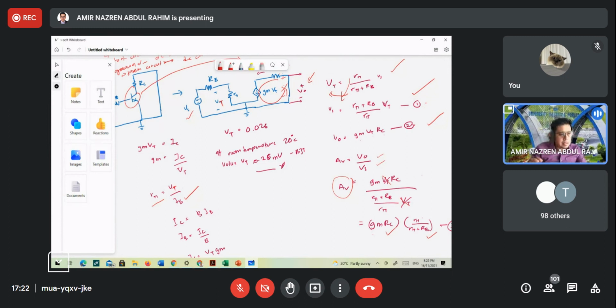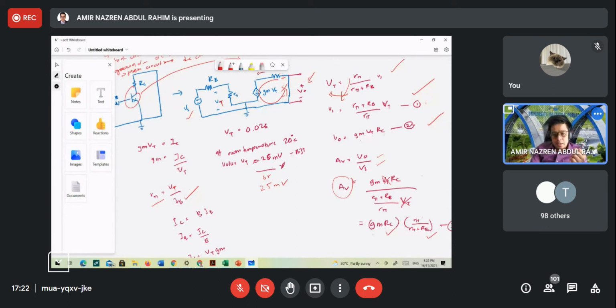Bear in mind, sometimes the question does not give you the VT value, or the appendix does not give you the value of VT. You need to remember that VT is 26 millivolt, or certain books use 25 millivolt.